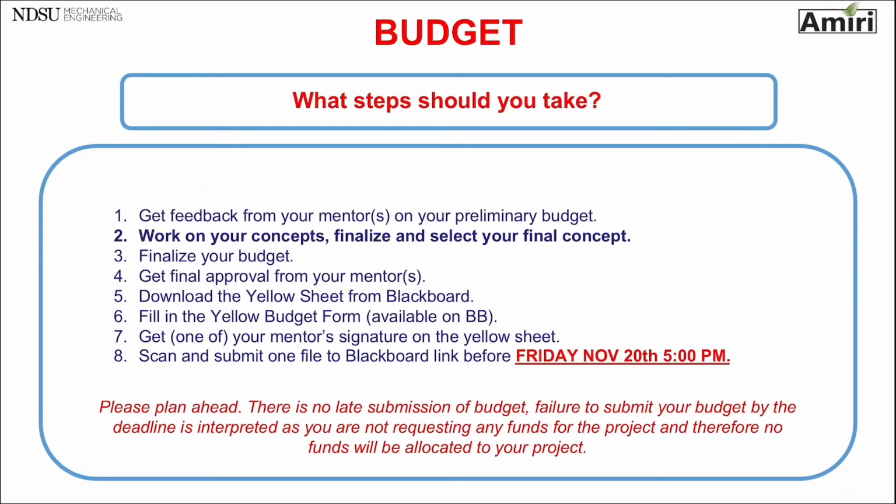Between submitting your preliminary budget and your final budget, you need to finalize and select your concept, what we talked about in the previous video. You get the final approval from your mentor, download the yellow sheet from Blackboard that is already provided and uploaded, fill in the yellow budget sheet, and get your mentor's signature.